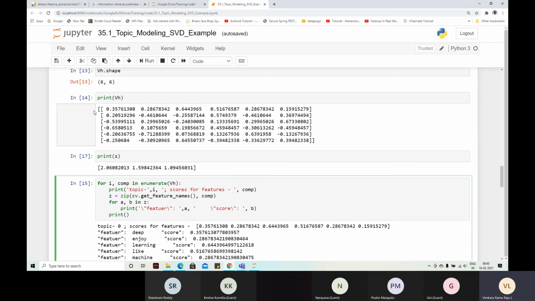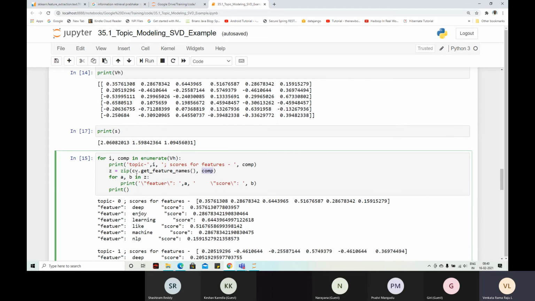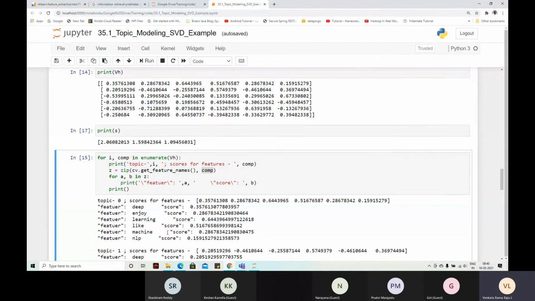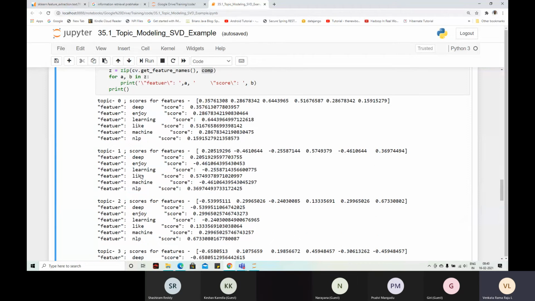Basically, it's a 6 by 6 matrix. So these are all words, and these are all words, distinct words. So we can map the components and the features. Then you know that topic 0 is talking about deep, enjoy, learning, like, machine, and NLP. Topic 2 is also talking about the same thing.